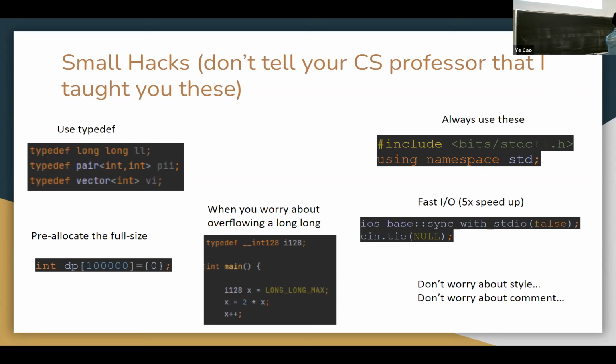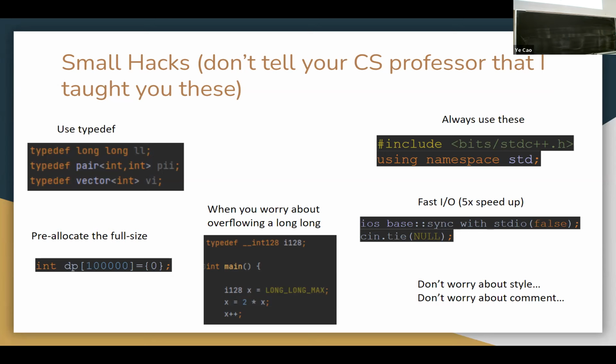For example, when you are going to use a bunch of long longs, typing out long long everywhere is going to be very time consuming. As we said before, in CP the only thing we care about is speed, and one aspect of speed comes from the speed at which you can type your code. So whenever you want to type long long, you can just type LL, which will save you a lot of time.